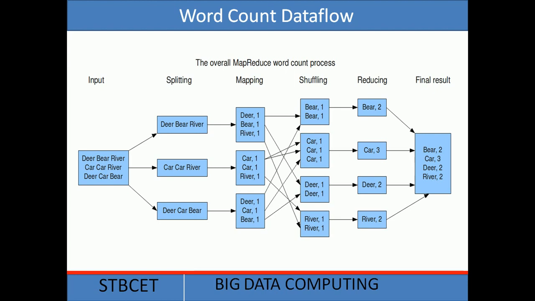The result of splitting, the subunits or subtasks, is given to the mapping function. That means this mapping function works on a split input, and it will get how many occurrences there are of each word. So here deer 1, beer 1, river 1. Second subtask, car, river, car: car has two occurrences. That means all these intermediate results of the mapping function are again passed to the reduce phase.